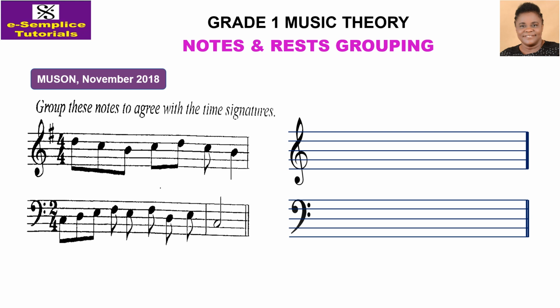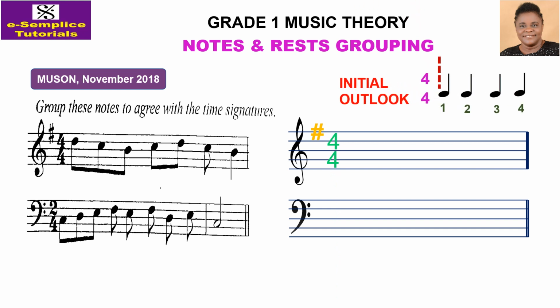This question says, group these notes to agree with the time signatures. Now this is 4/4 time. Always sketch the initial outlook of 4/4 time, and then remember there is a middle to a bar of 4/4 time. Now let's look at it. So look at the quavers that are provided.